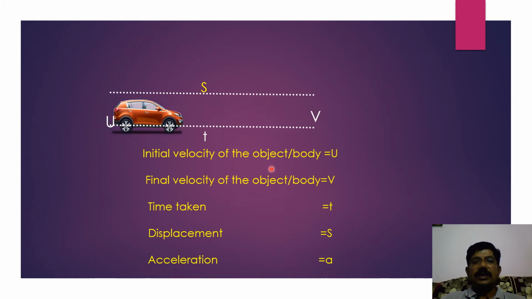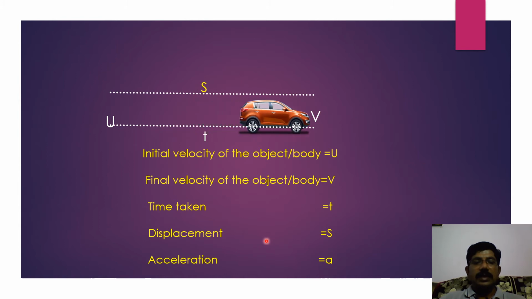Initial velocity of the body or the car is u meters per second, the final velocity is v meters per second, and the time taken is t. Next, the displacement is s meters. Observe this one. This is the displacement of the car.